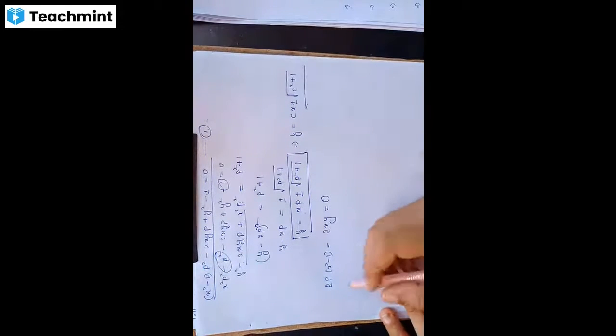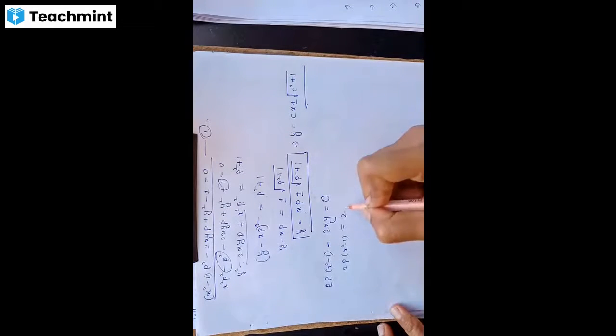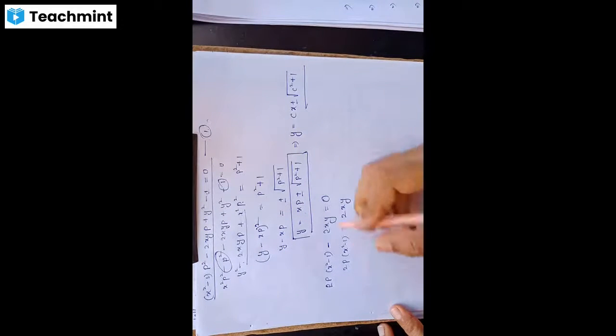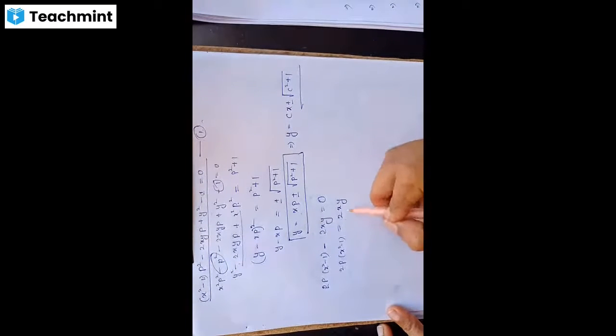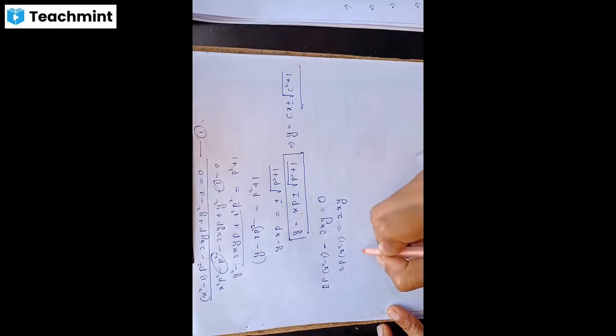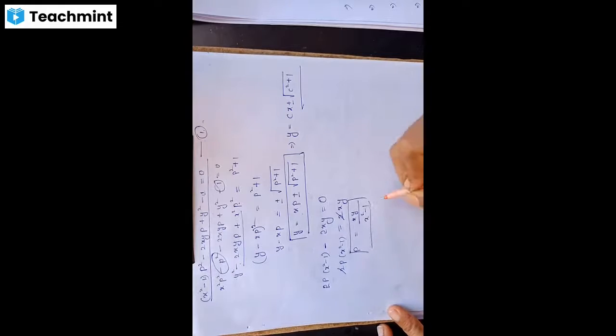So 2p(x² − 1) = 2xy, taking −2xy to the right hand side so it becomes positive. So p = xy/(x² − 1), as the 2s cancel. So we got the p value here.